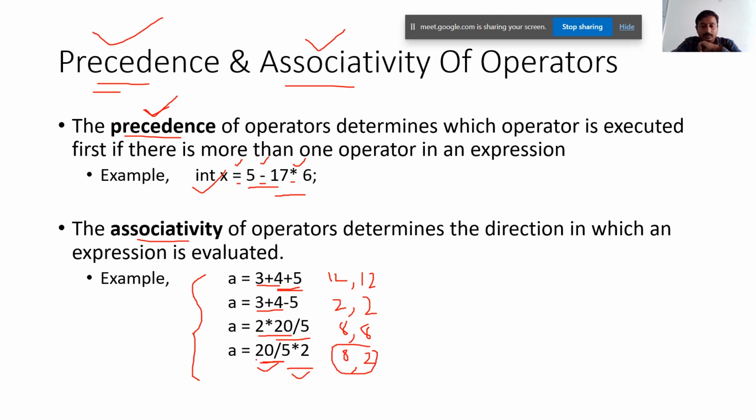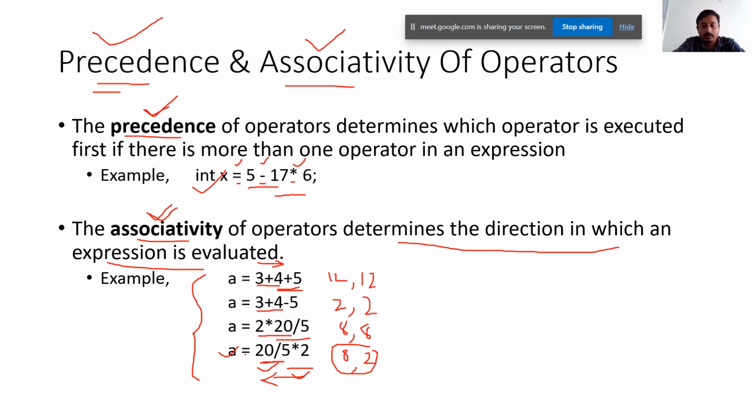That decision will be taken care of by associativity of the operator. So it determines the direction in which an expression is evaluated. So whether to evaluate from left to right or from right to left, that will be governed by the associativity of the operator.